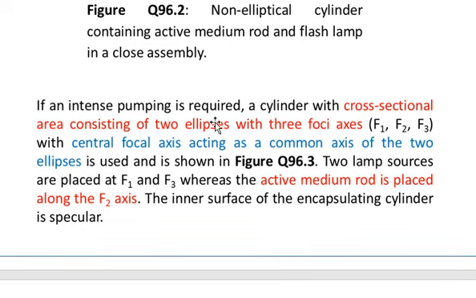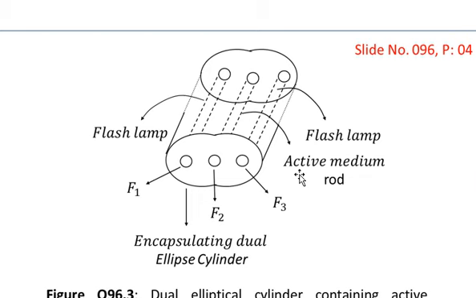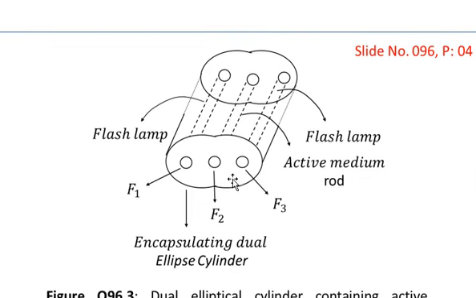If intense pumping is required, a cylinder with a cross-sectional area consisting of two ellipses with three focal axes, that is F1, F2, and F3, with the central focal axis acting as the common axis of the two ellipses, is used and is shown in figure number 3. For example, look at this figure. If you look at the cross section of this figure, it will appear as if we have joined two elliptical cylinders.